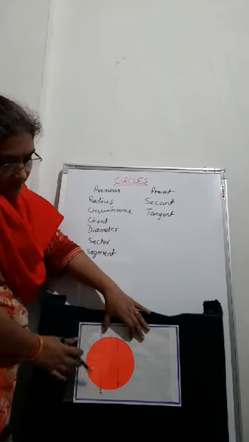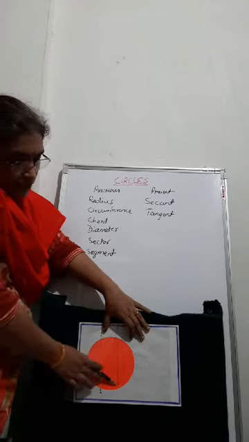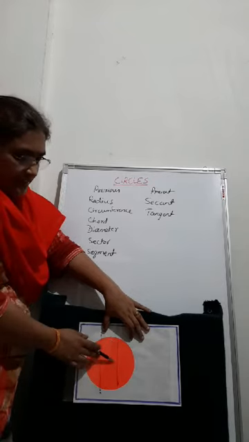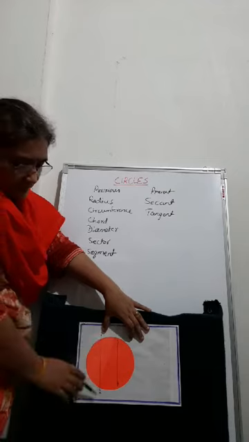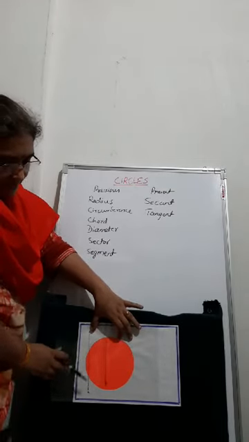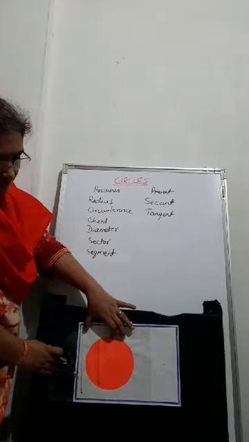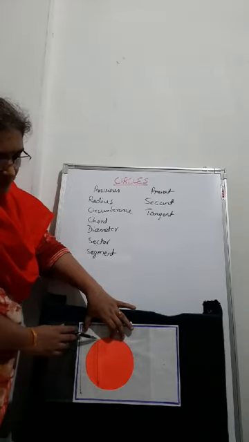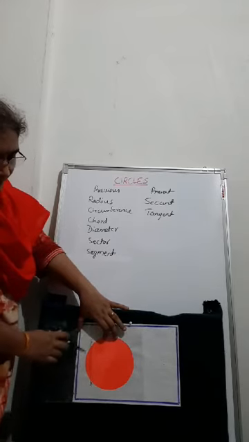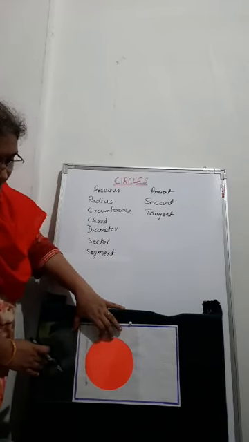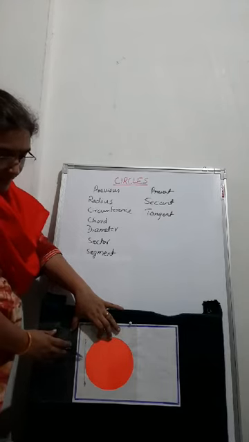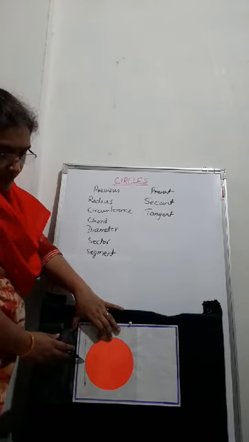See, now it is having no name. The line which is inside the circle has no name, but this is the secant. Now this becomes the chord of the circle. Again this is secant of the circle. At this point, it is touching the circle at only one point.